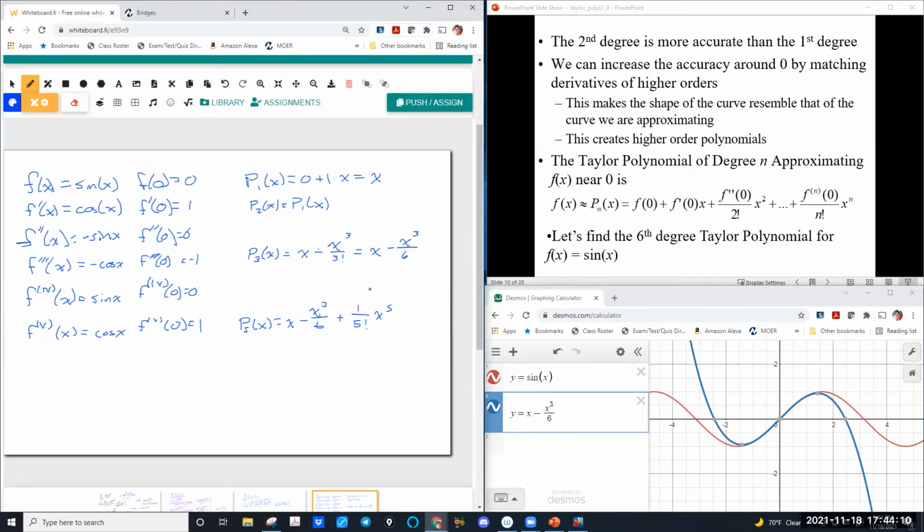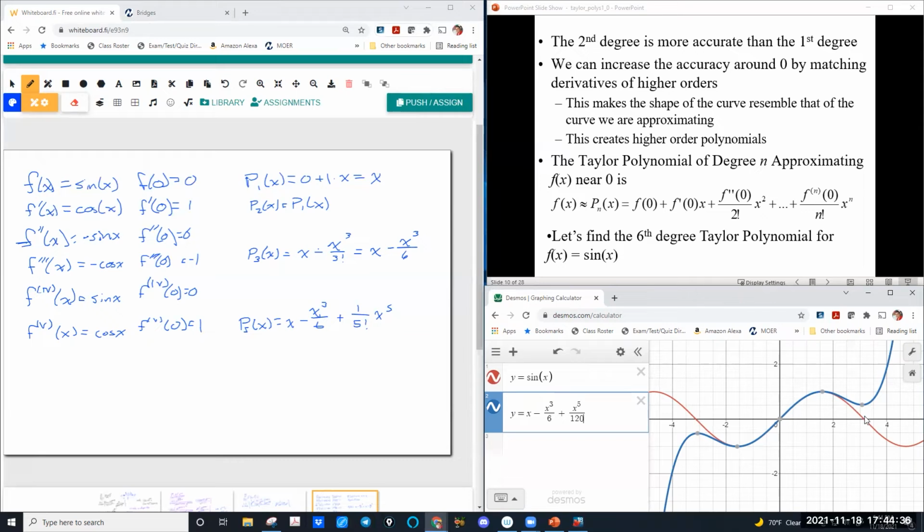So 3 factorial is 6, 4 factorial is 24, 5 factorial is 120. So we need to add that next term, which is x to the 5th divided by 120. And again, notice how our polynomial converges to our sine curve even more.